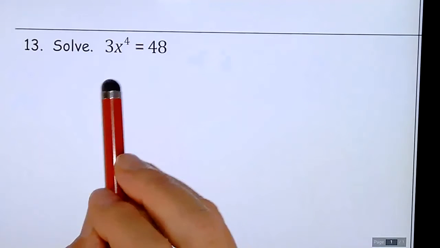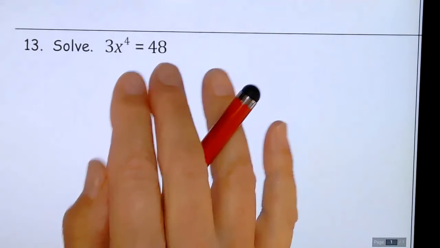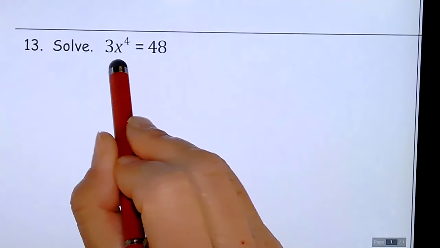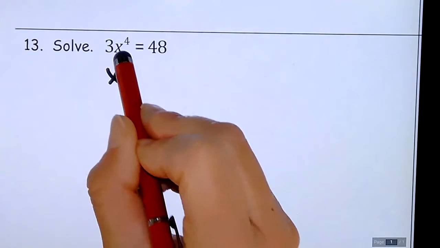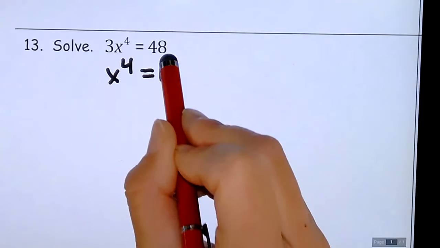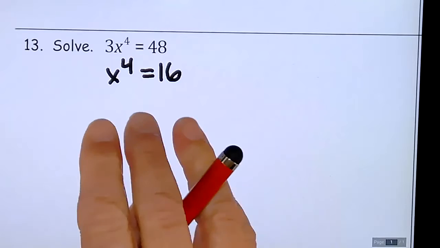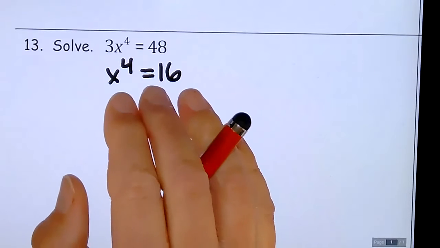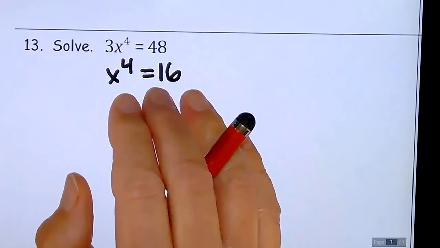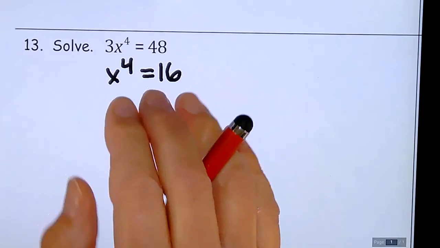So on a problem like this, I have 3x to the 4th is equal to 48. I'm going to divide both sides by 3, and I get x to the 4th is equal to, and again, when I divide by 3, I'm going to get a 16. Now, for this, I could rewrite this, okay?